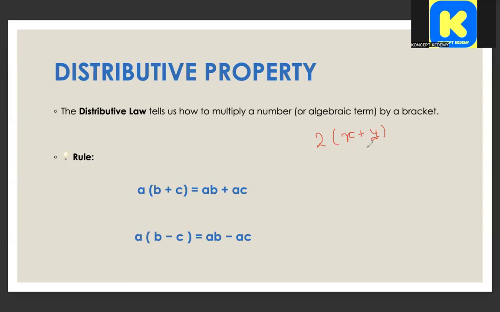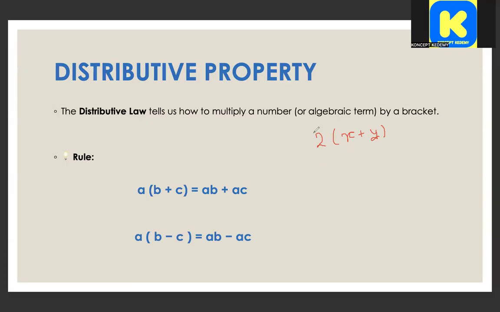We cannot solve it further unless we know the values of x and y. If I know the values of x and y, then I can go with that. But now we don't know, and still we need to solve it further. We need to expand it. We need to remove the bracket. So how am I going to do it? We're going to do it by using the distributive law.